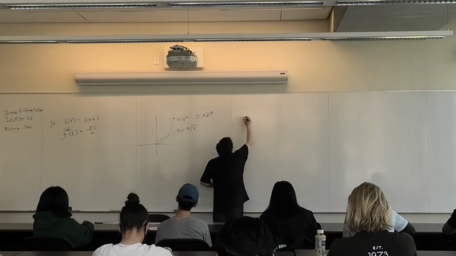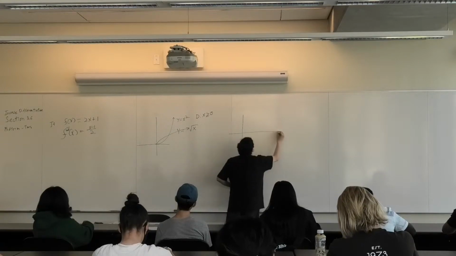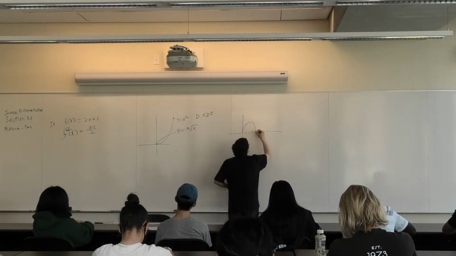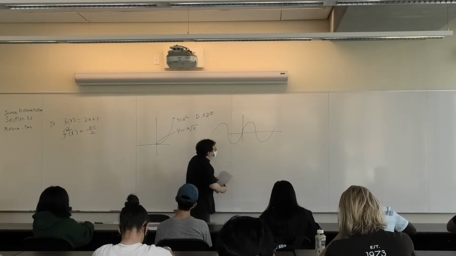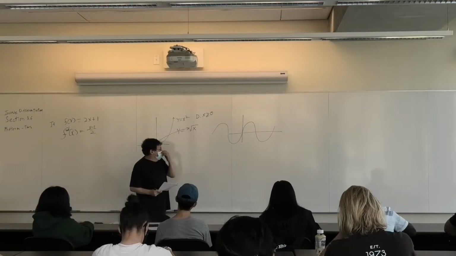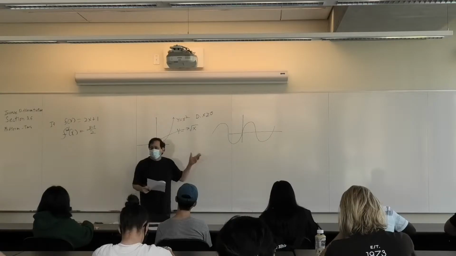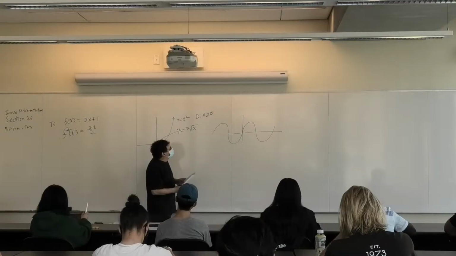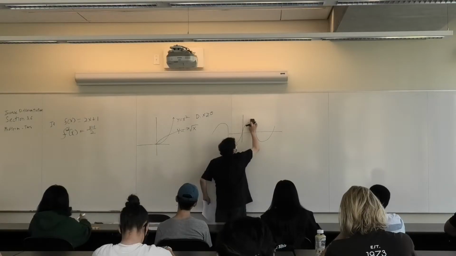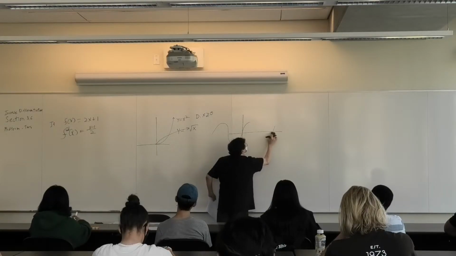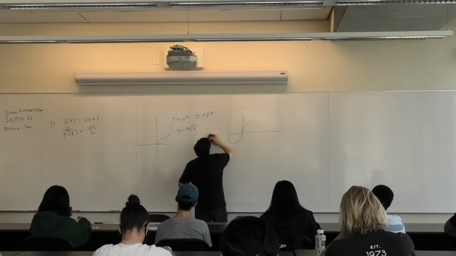Another common example you run into is trig functions. They're of course periodic. The inverse would have many results, but we create an inverse by restricting the domain. This would be the sine of x.